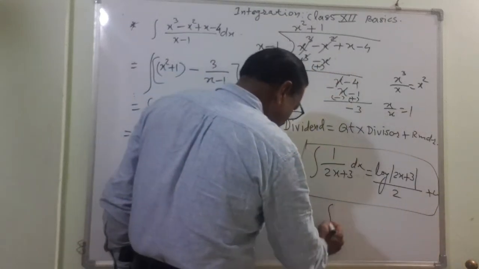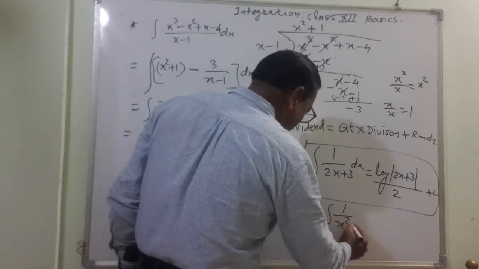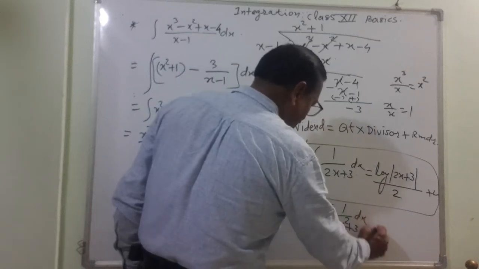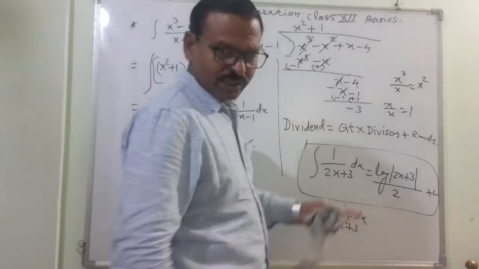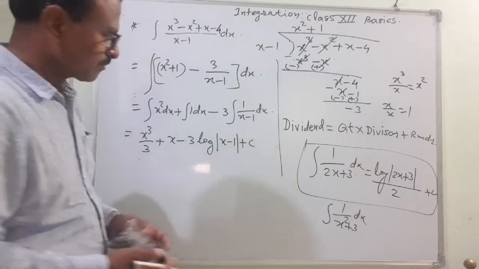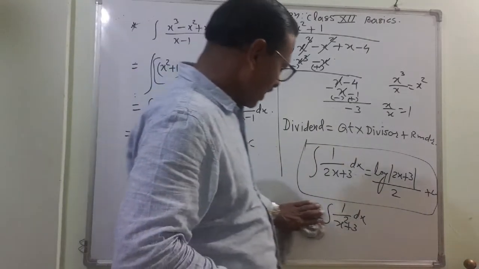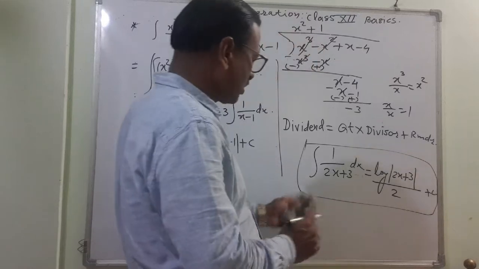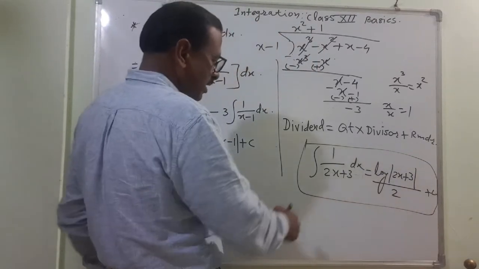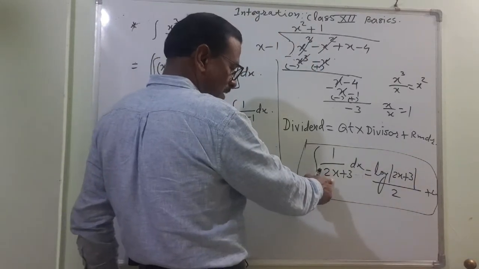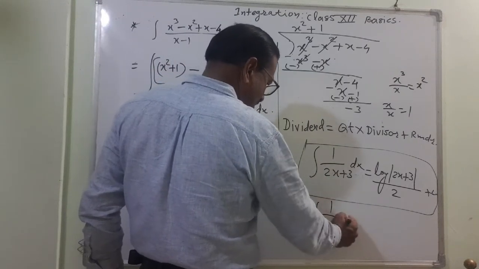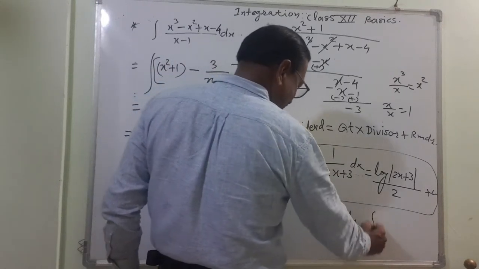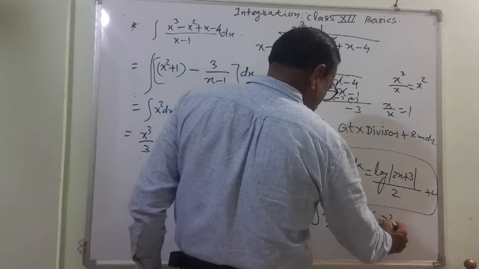But if suppose it is 1 upon x square plus 3 dx, it can't be in the log because the power is 2. So it is something different and this is different. So don't forget this. Here only the confusion starts. If suppose it is 1 upon x square, this is not 1 upon x, it is integration of x raised to minus 2 dx.